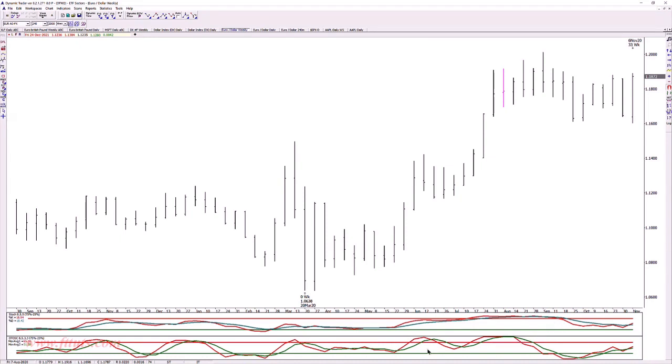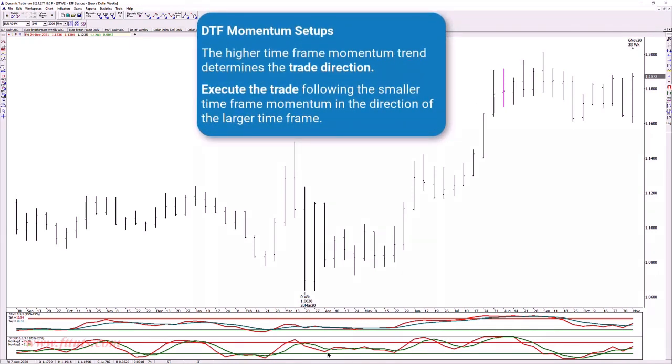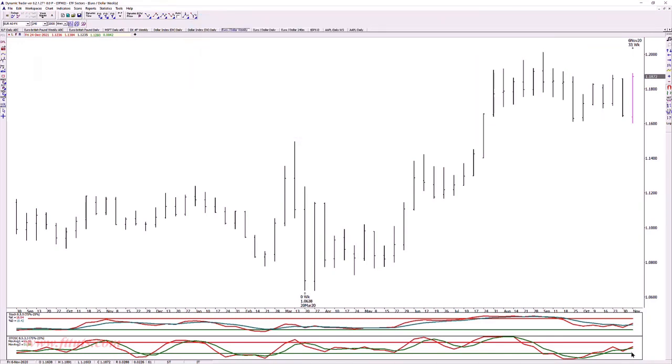So real simple. We trade in the direction of the higher time frame momentum trend, and we execute on the smaller time frame. So let's take a look as of the last bar in this chart and use that as an example. As of the last bar of the chart, the weekly momentums made bull reversals. No surprise.